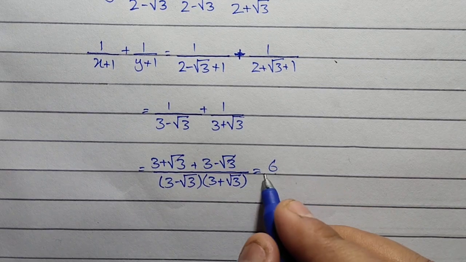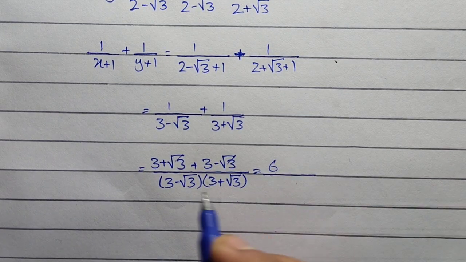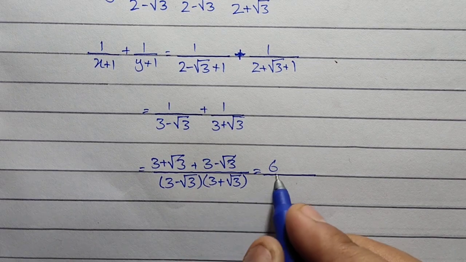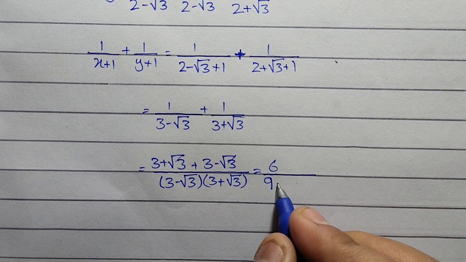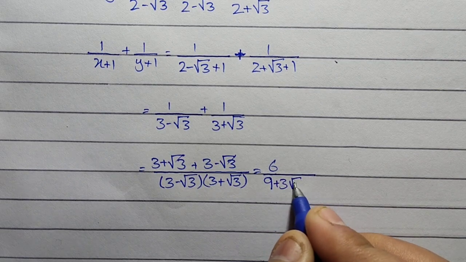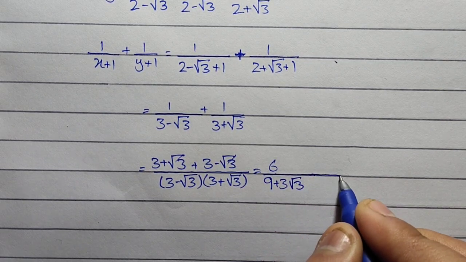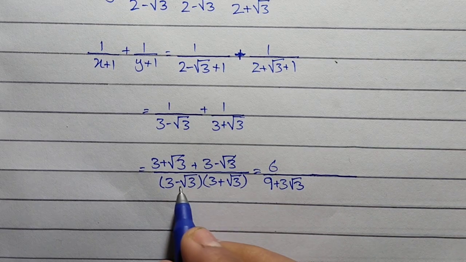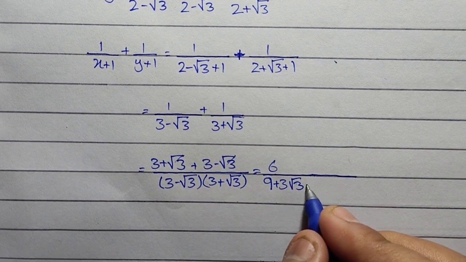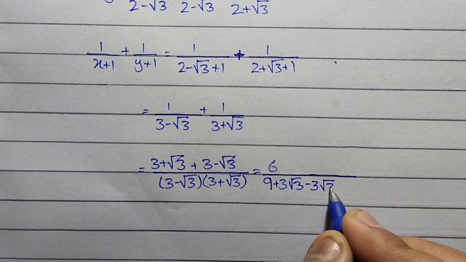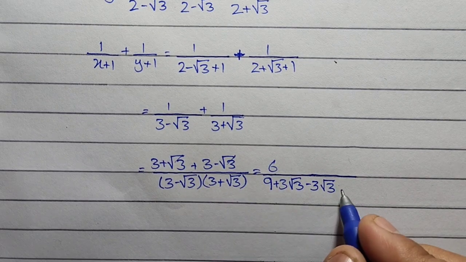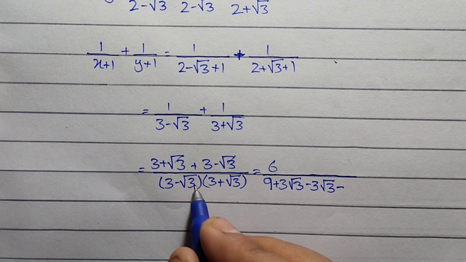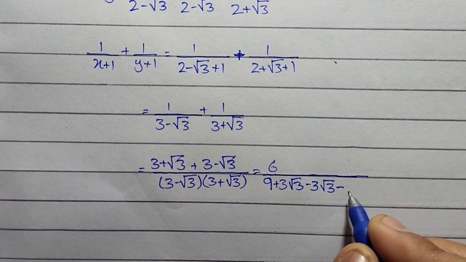So this will be 6 over, now 3 times 3 is 9, 3 times plus root 3 is plus 3 root 3, and this minus root 3 times 3 is minus 3 root 3, and minus root 3 times root 3 will be minus root 3 square.